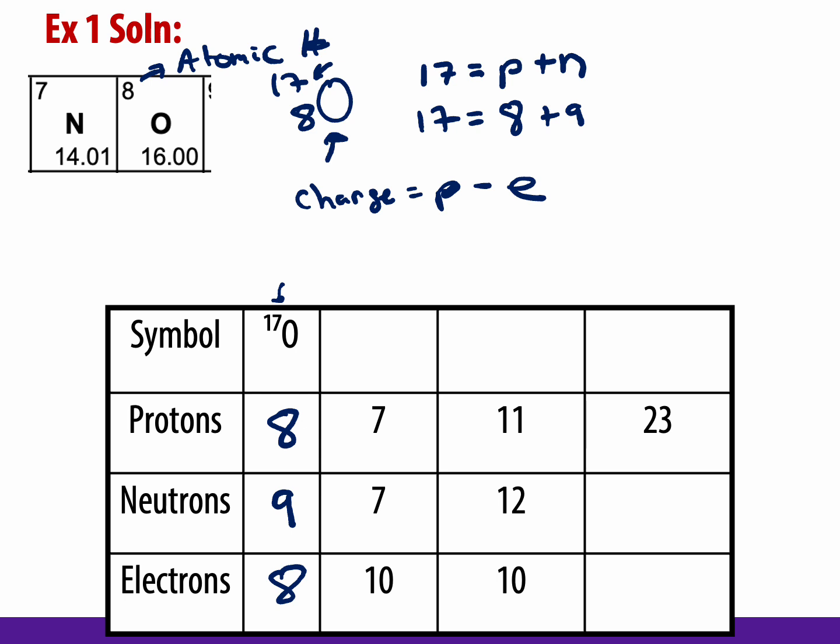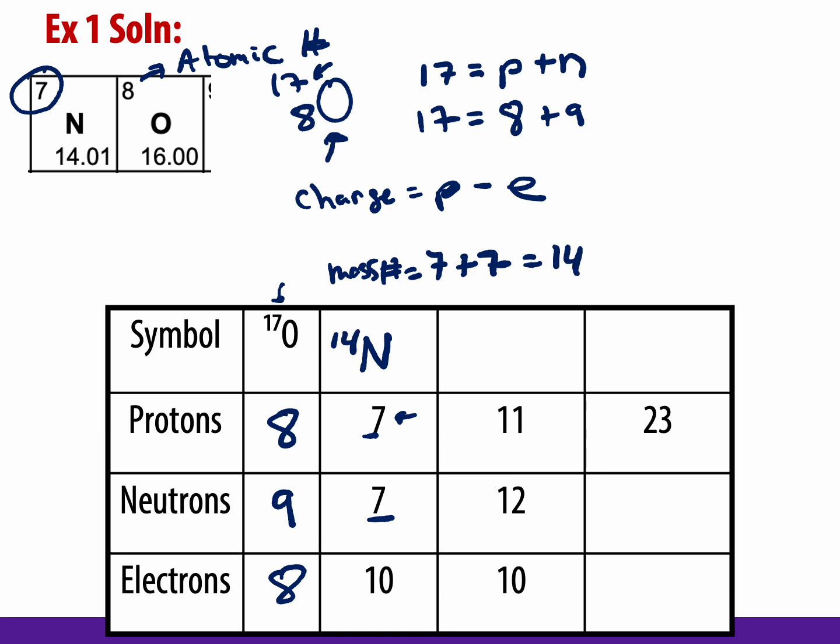Next, for nitrogen, the second one here, it's 7 protons. So 7 protons gives us the atomic number of 7 for nitrogen. The mass number that goes in that top left is going to be equal to 7 plus 7, protons plus neutrons, so that gives us 14.